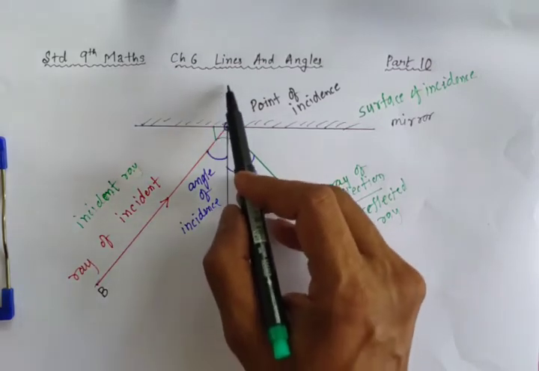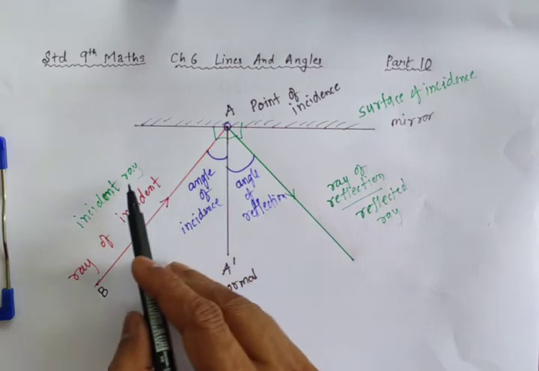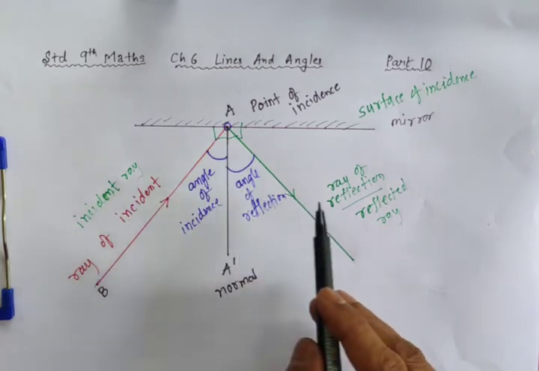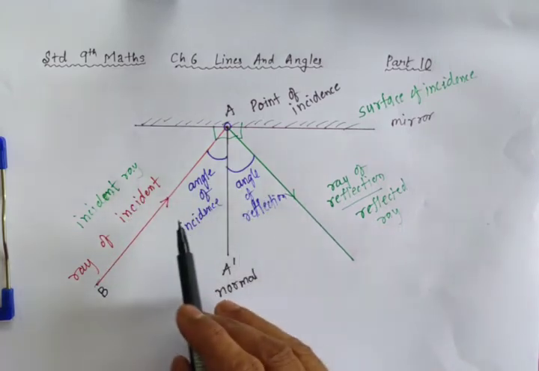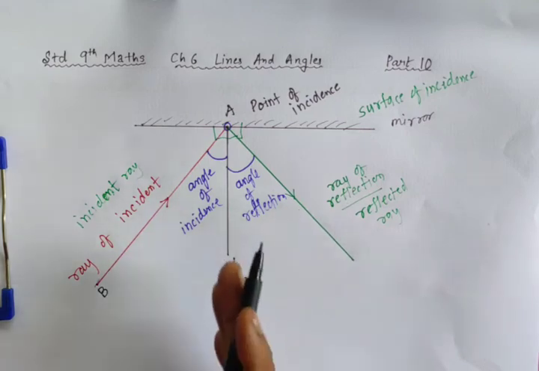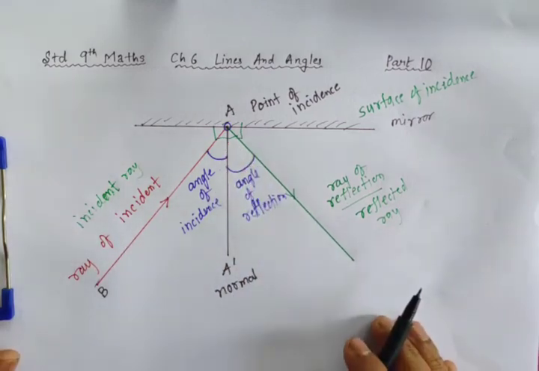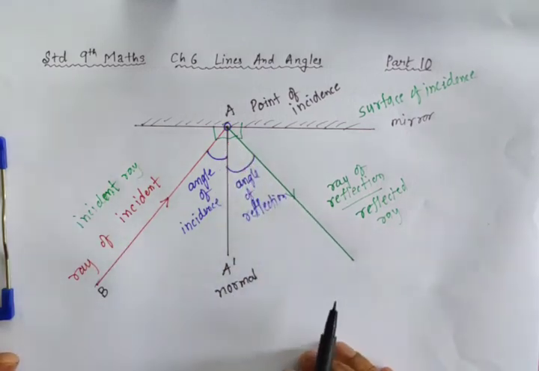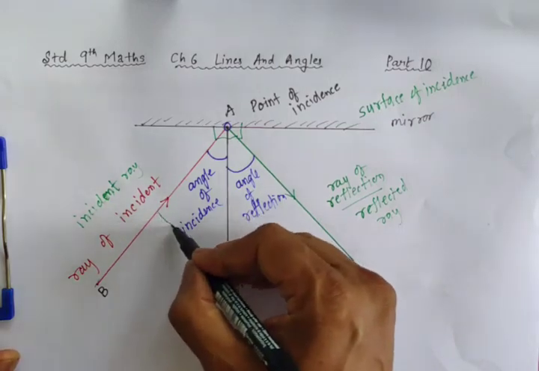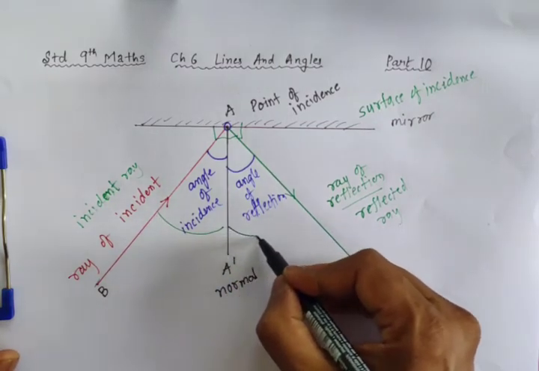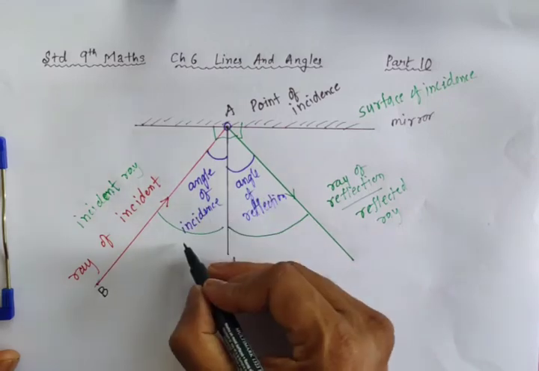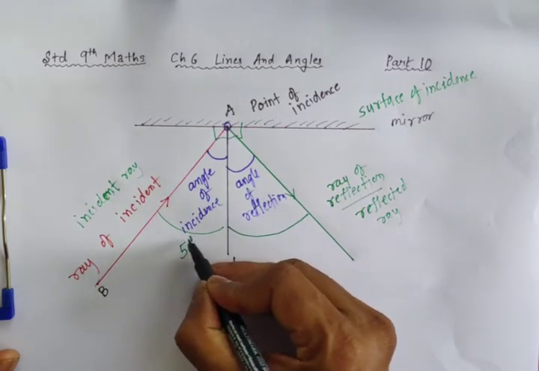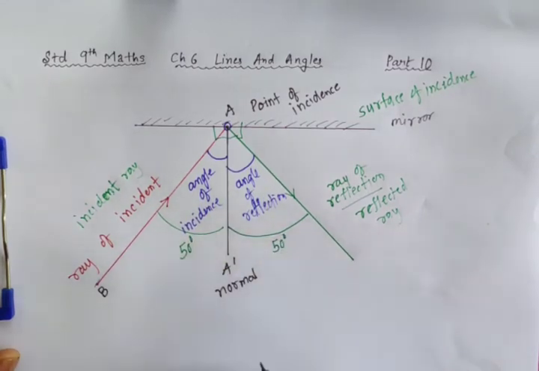You can see here is the normal, to the left of the normal is the red ray, and to the right of the normal is the green ray. That means the incident ray and the reflected ray always lie on the opposite sides of the normal. The second thing, the angle of incidence is important for us. Suppose if this is 50 degrees, then this will also be 50 degrees.